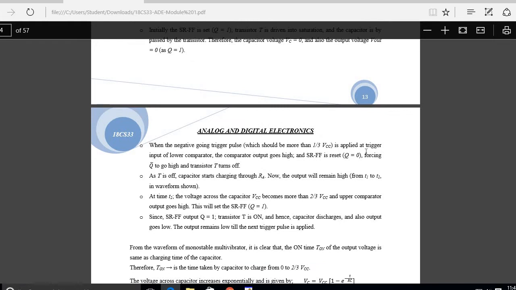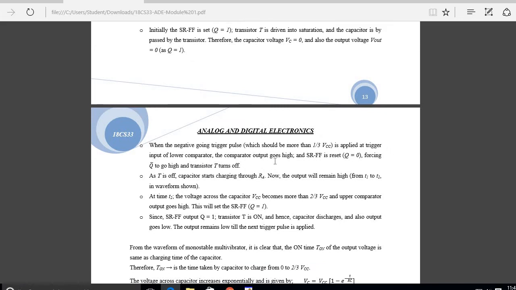If I am applying the trigger input to the lower comparator, the comparator output goes high. The SR flip-flop should be reset, which means Q is 0. If Q is 0, forcing Q bar is high, and the transistor T should turn off. As T is off, because the SR flip-flop is in reset condition, the capacitor starts charging through RA.